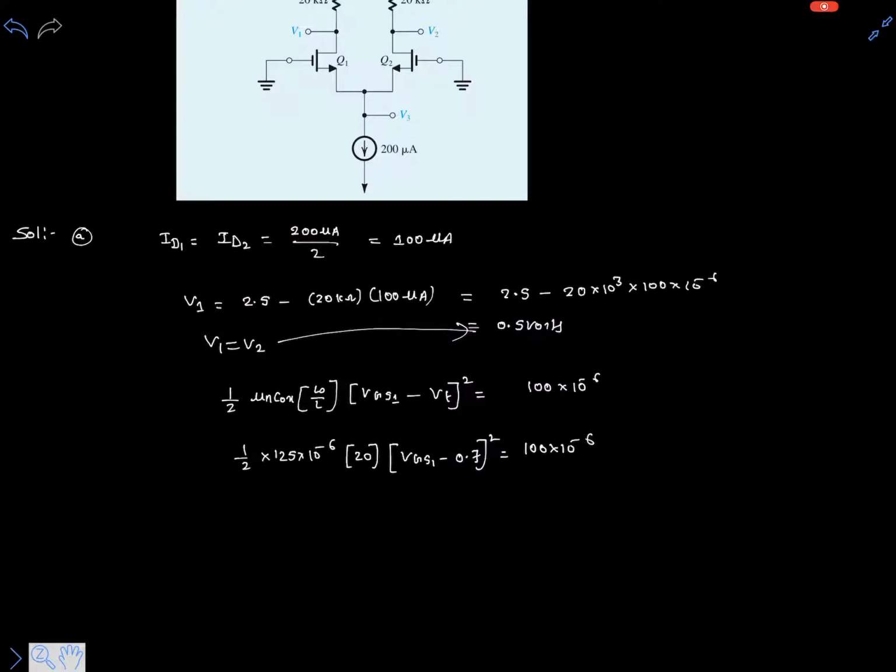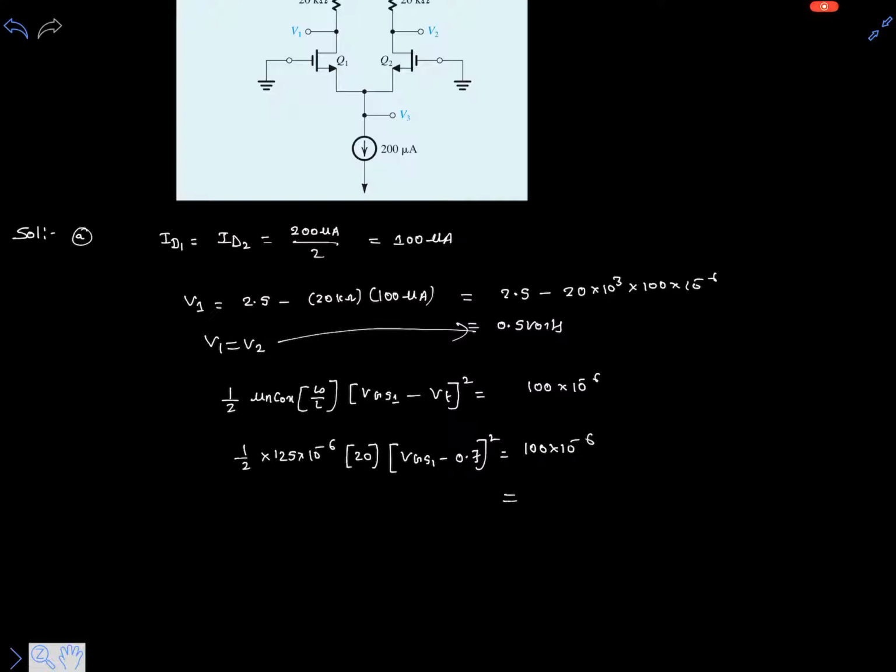Now let's use a calculator to calculate how much this can be. This is 100 microamperes divided by 62.5 times 10 to the power of minus 6. So it is under root of 1.6 over 20.